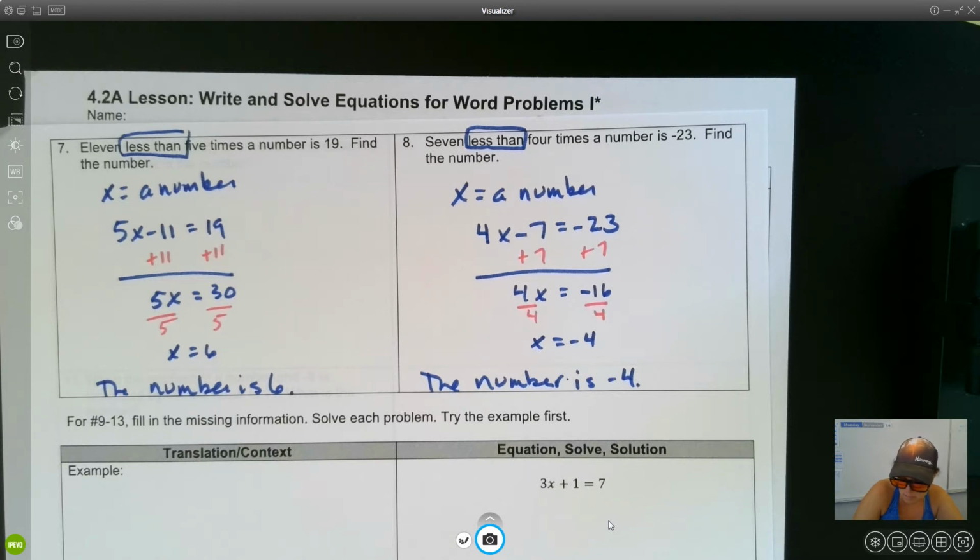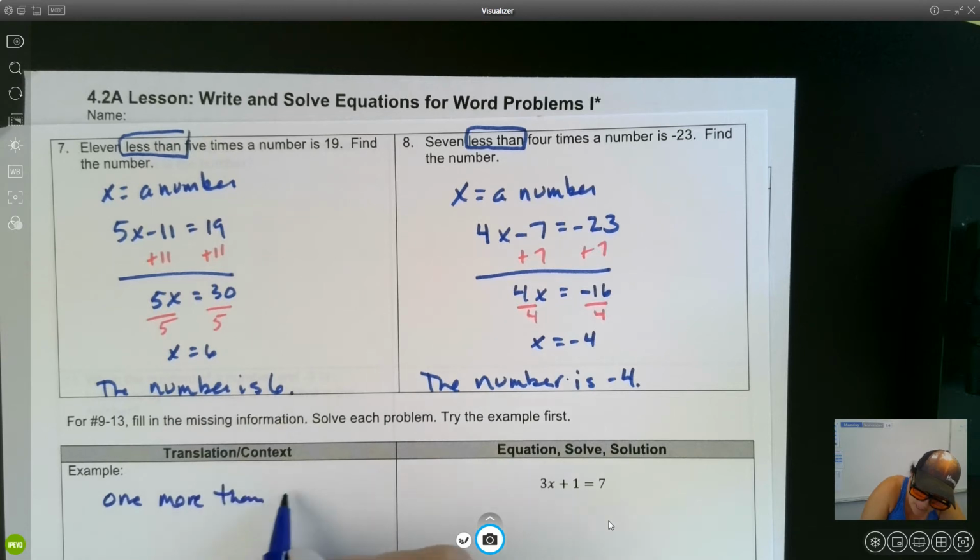What is the number? Or you could say 1 more than 3 times a number is 7. What is the number?